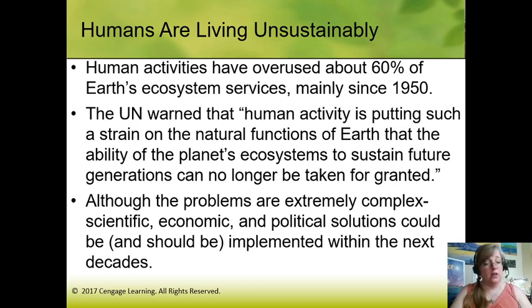We cannot feed that many people. None of our models has developed any kind of way that we can make it happen. We cannot feed 9 billion people, yet we are at 7.5, eking towards 8, and still rising.